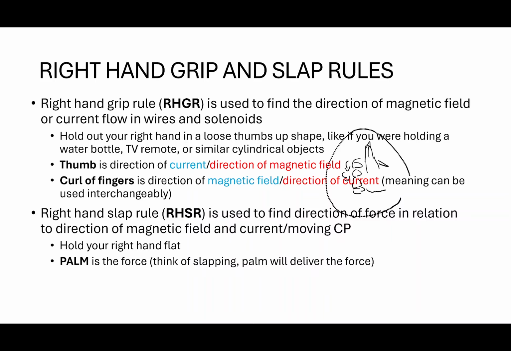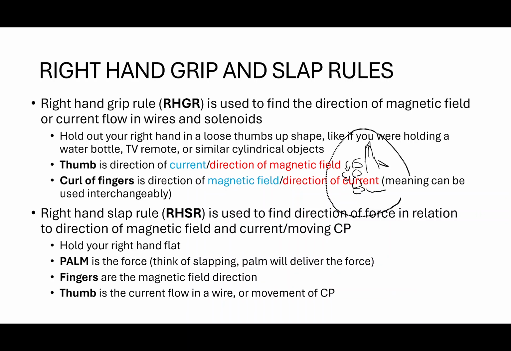Your palm is the force on the current carrying wire or the moving charged particle. Your fingers are the magnetic field direction that the wire or particle is in. And the thumb is the current flow or the movement of the charged particle in the magnetic field.